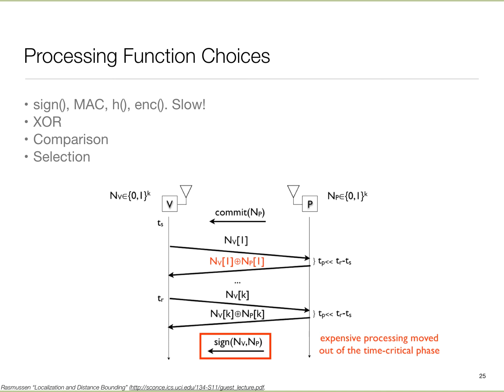A bit comes in, and we XOR it with something the prover had, which was an initial commit. Initially it selects a number, NP, and says, whatever random number you send me, I'm going to XOR it against that, but I commit to it. I put that in a sealed envelope and send it out so that it's sealed cryptographically and the verifier cannot look at it, but I'm committed to that value of NP.